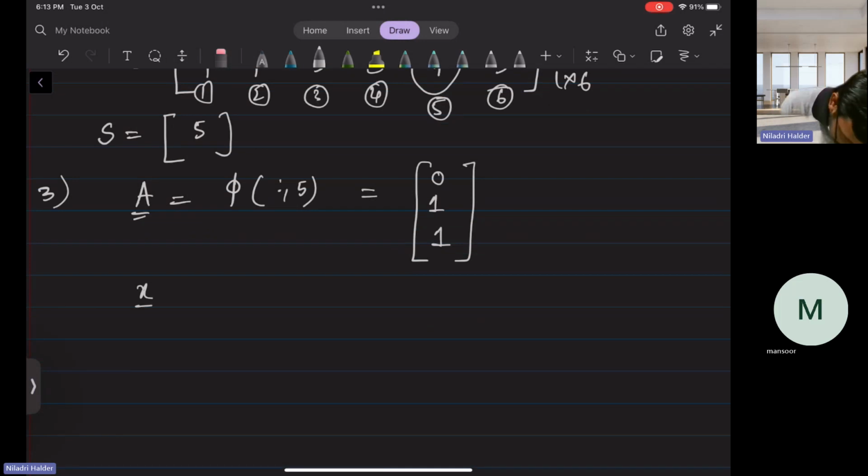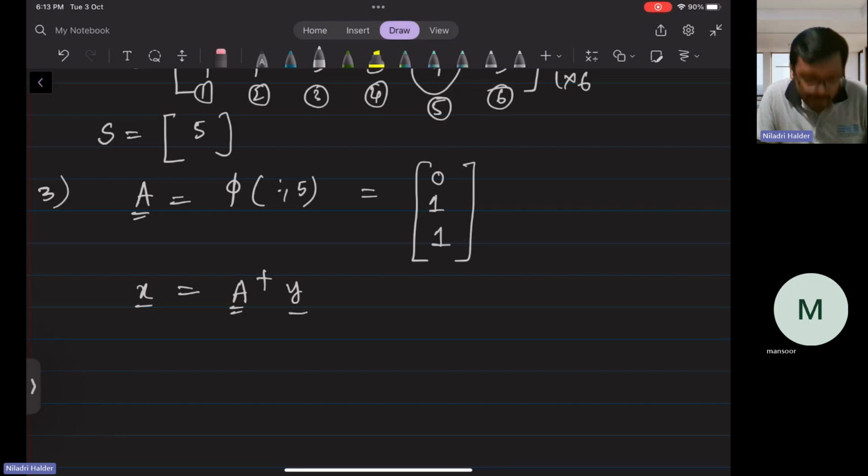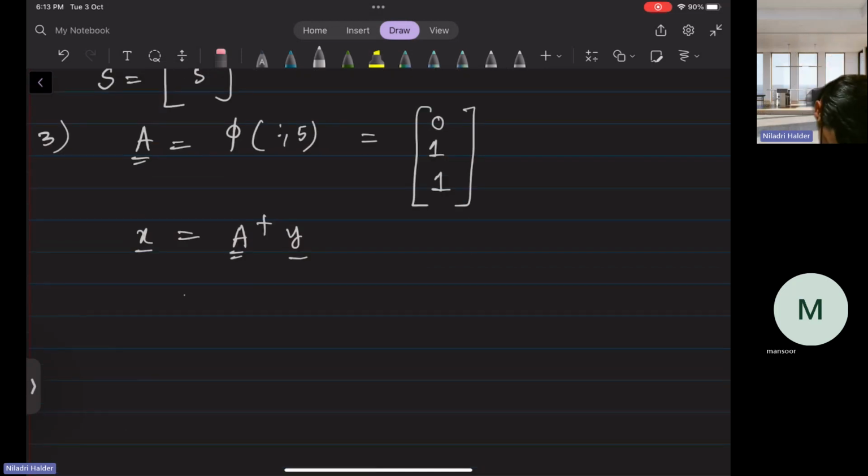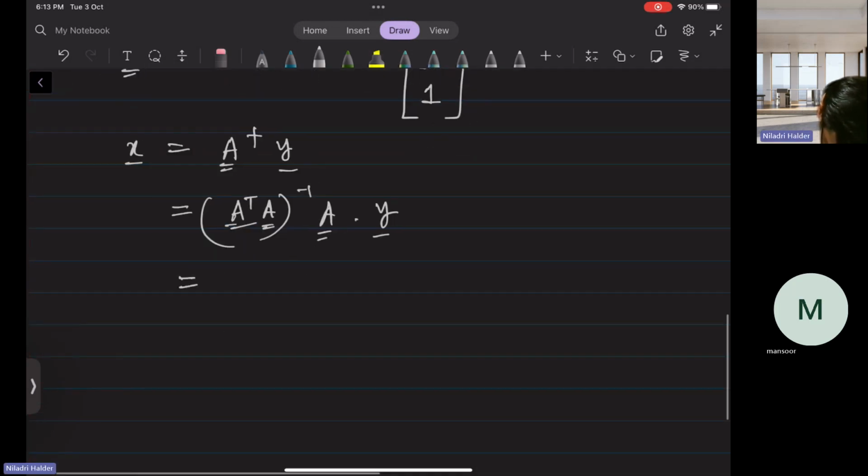Then what is the x? X is equal to the pseudo inverse of A into Y. Pseudo inverse of A is A transpose A inverse A transpose.